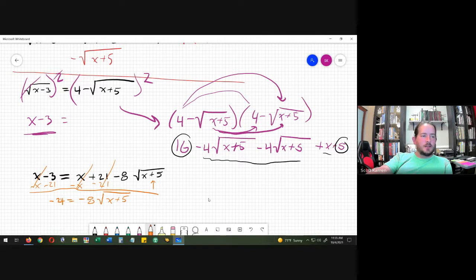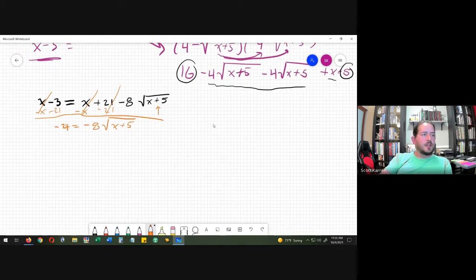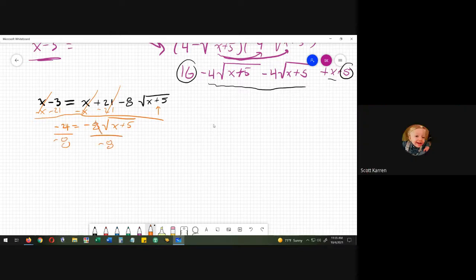And I can divide both sides by negative 8 because they're both divisible by negative 8. Make life a little bit easier here. Negative 8 and negative 8 cancel out. So on the right-hand side, I just have that root of x plus 5. And on the left, the negatives cancel out. But 24 divided by 8 is 3. So this one's not too bad.